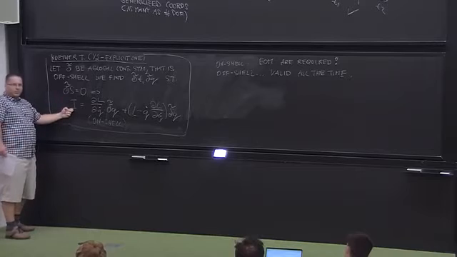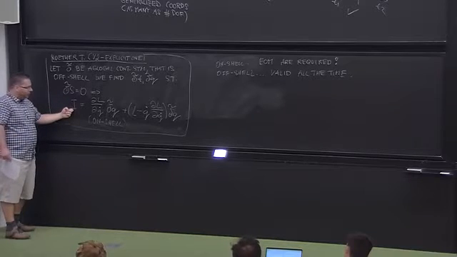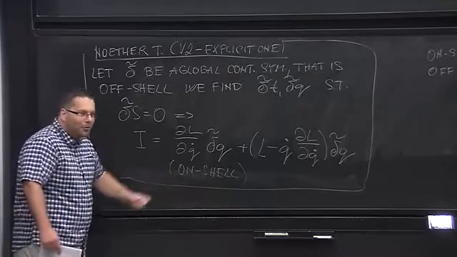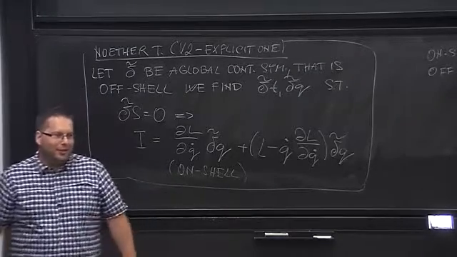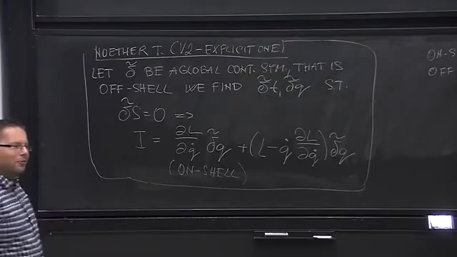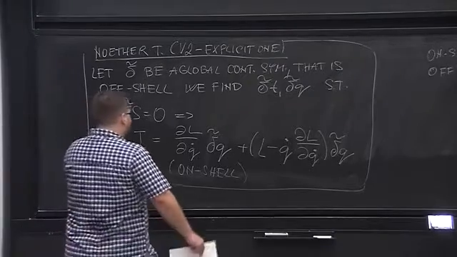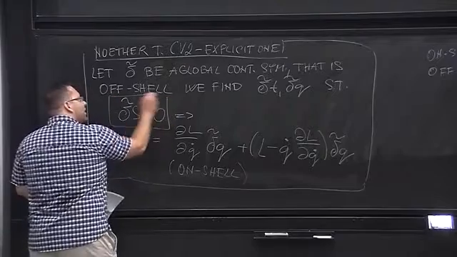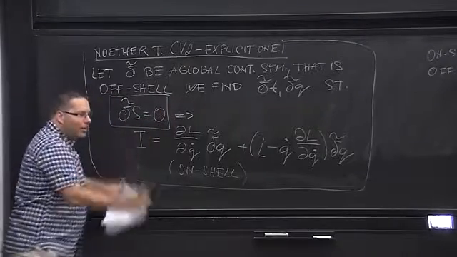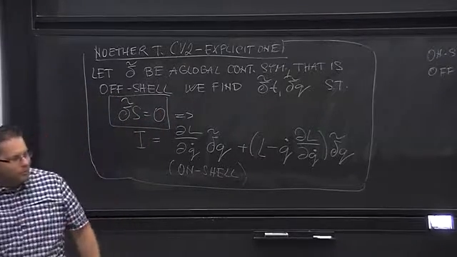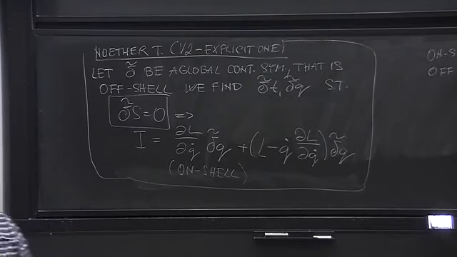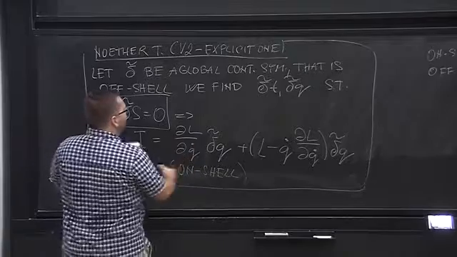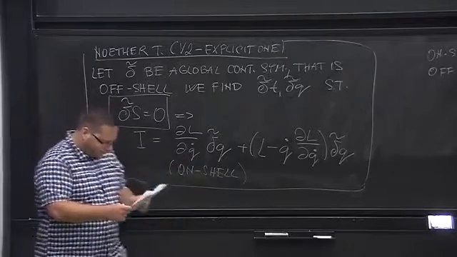Then this is a prescription for my conserved charge. But the conserved charge will be conserved only on shell, when the equations of motion are satisfied. Of course, because an integral of motion is valid only on shell, right? This is sort of trivial, but I want to emphasize that delta S equal to 0 has to be valid off shell. So you cannot use the Euler-Lagrange equations to show this. That's the subtlety of Noether's theorem.